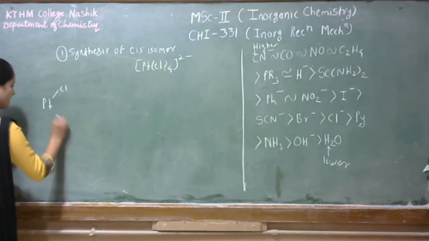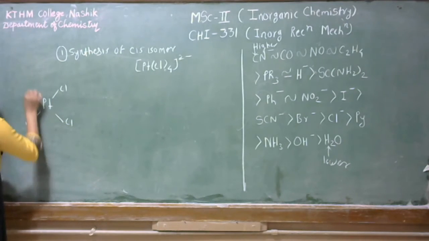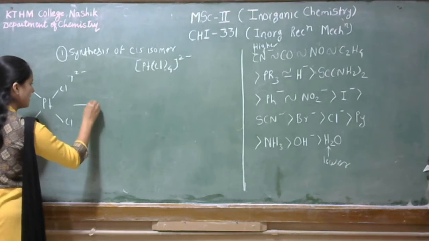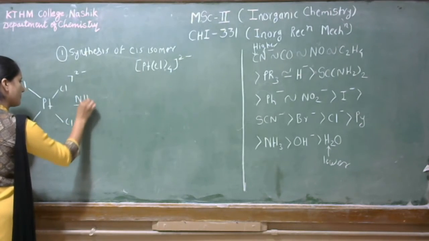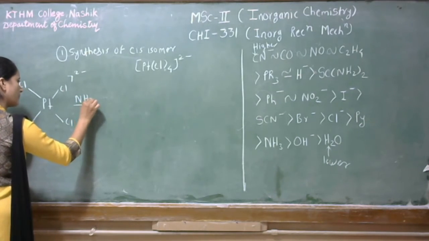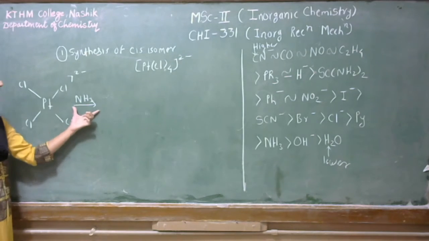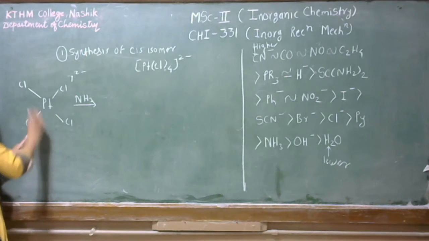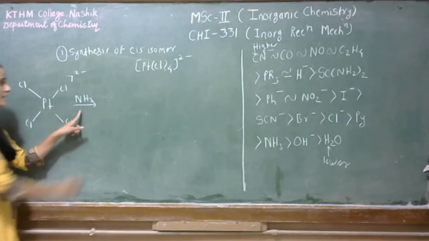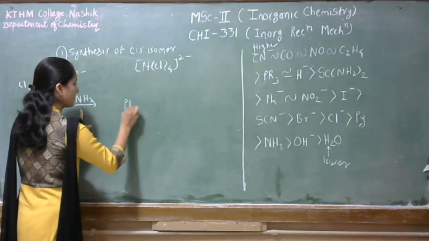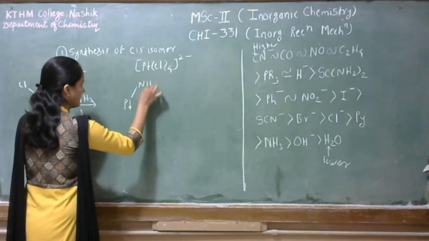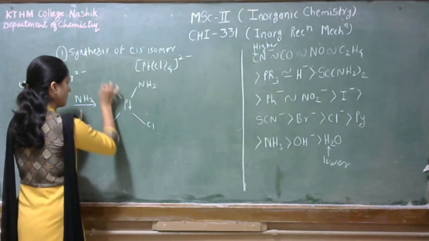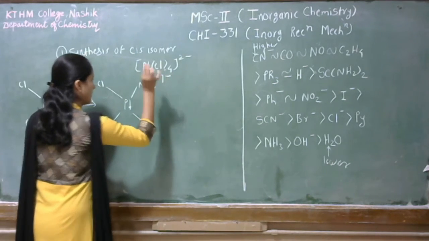Pt, Cl, Cl, Cl, Cl, 2 minus. If we treat NH3 with this complex, obviously among these 4 chlorines, 1 chlorine will be replaced, and instead of that chlorine, NH3 will be placed.